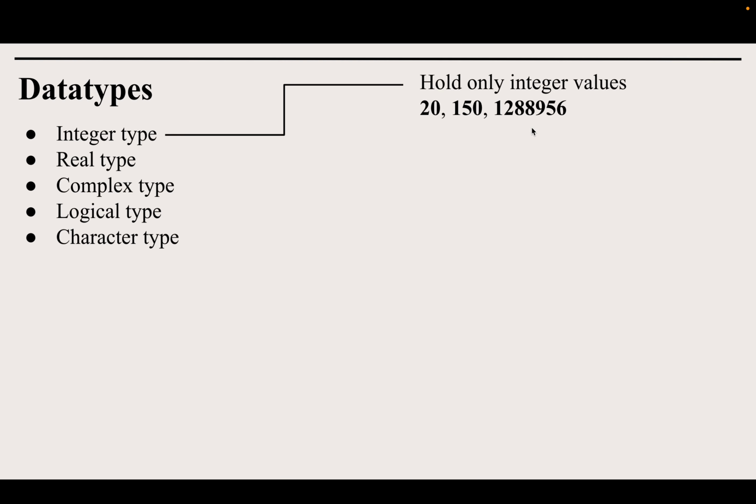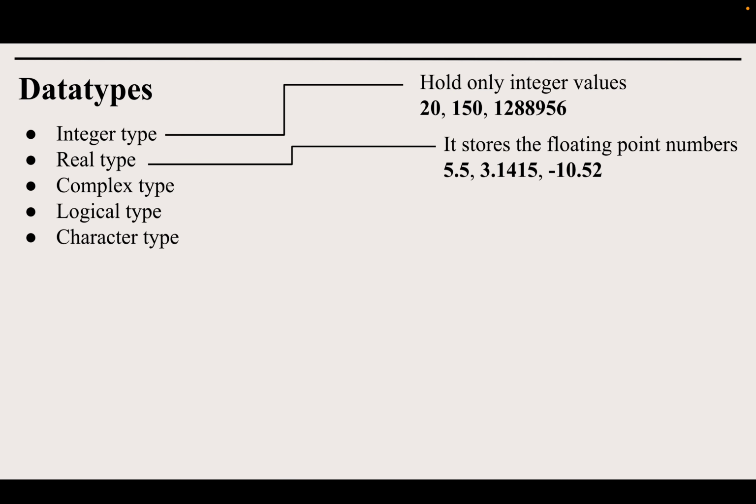And what about real type? Real type will hold all floating point numbers, those that come with a decimal. Even if you define a real type variable but give the number as 10, it will return to you as 10.0.